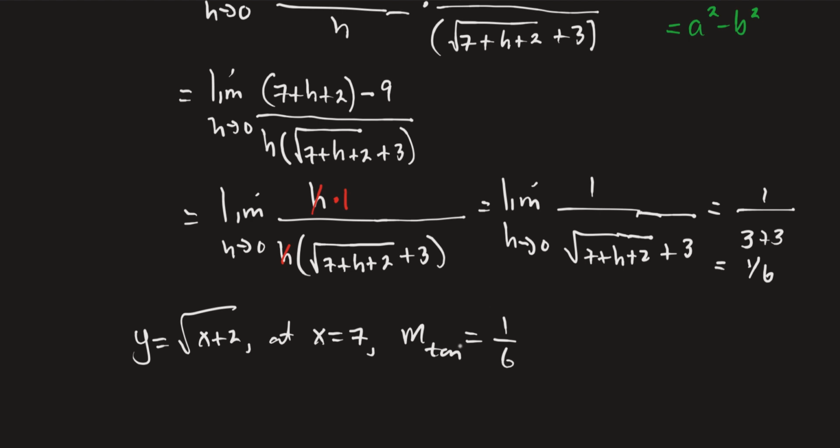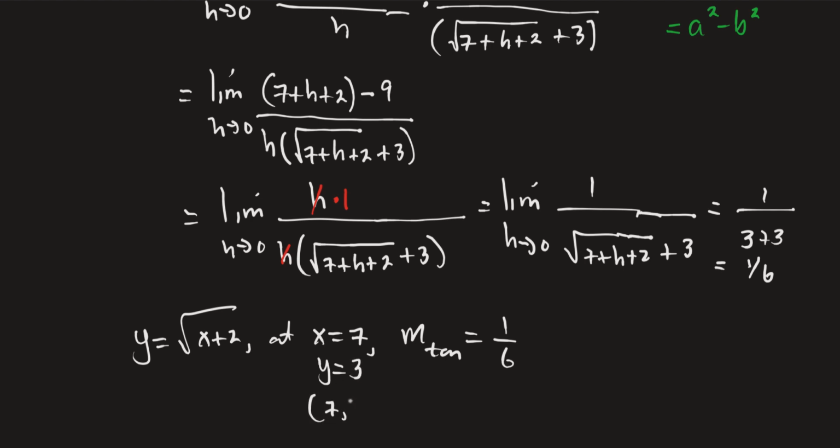So that's the slope. But how do we find the equation of the tangent line? Well, we know the x value. That means we automatically know the y value. When x is equal to 7, y is equal to 3.